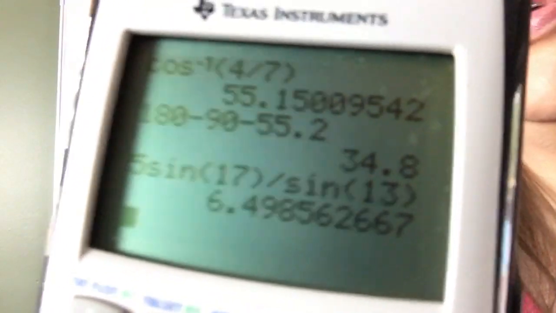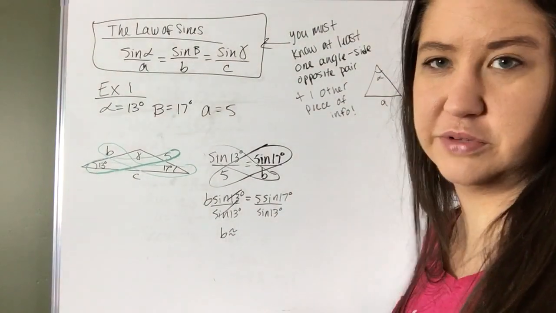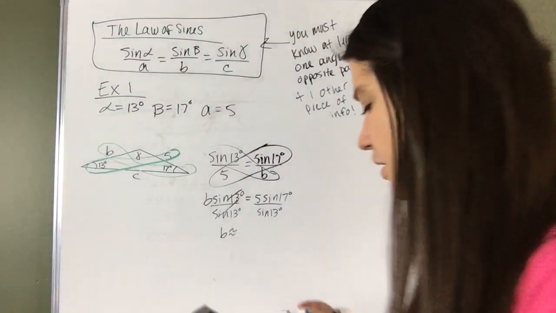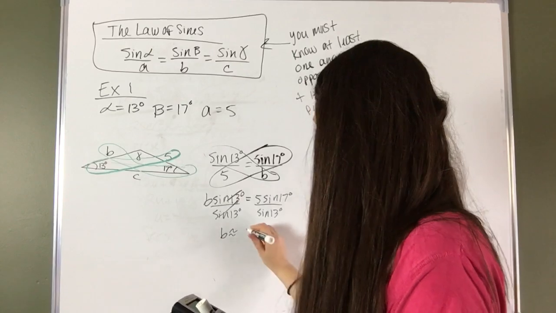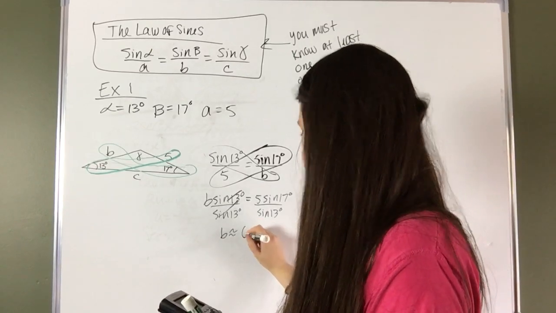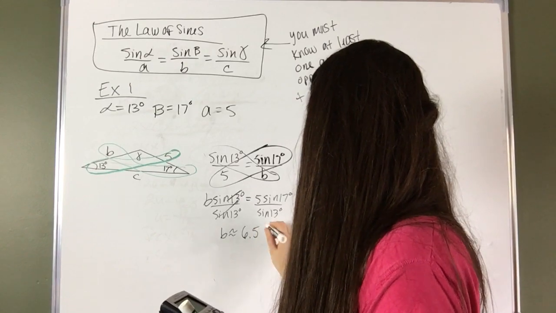If you didn't get that number, there's a good chance you're probably just in the wrong mode, right? We want to be in degree mode, so make sure your calculator's in that mode. We'll round this to, I don't know, the nearest 10th. So it would be about 6.5.